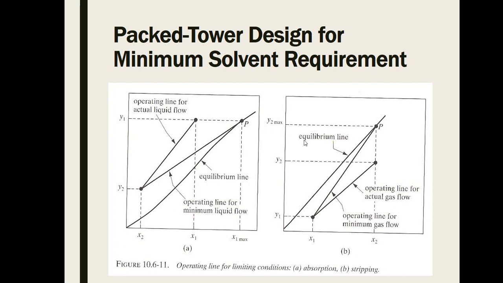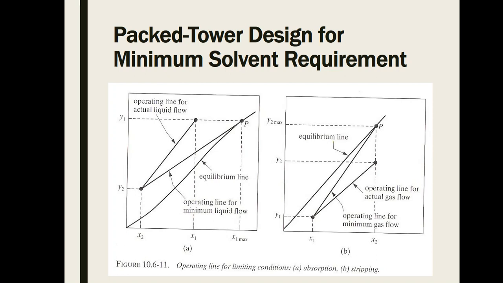Having solved x1 maximum or y2 maximum for gas absorption and stripping, we will utilize the component balance equation wherein the inert streams are the ones multiplied to the mole ratios.